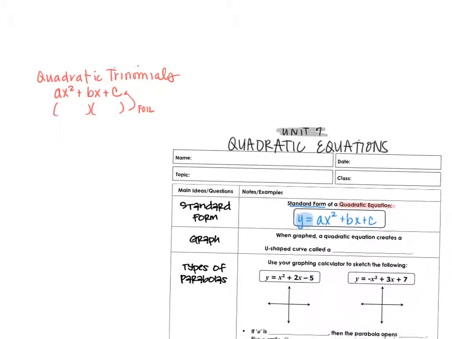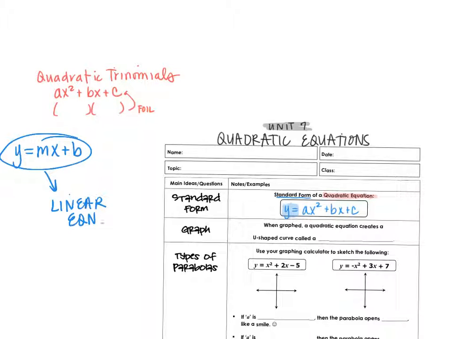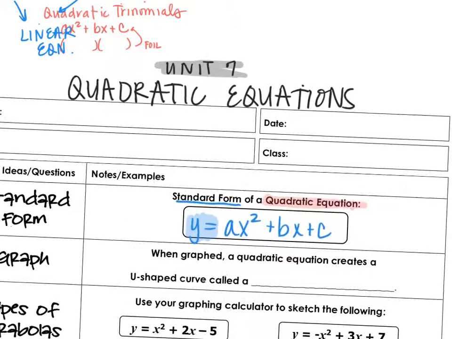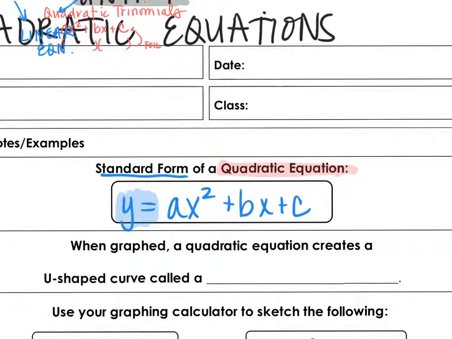Now we have dealt with equations before with y equals. We used to call these y equals mx plus b's. Remember these? These were called linear equations, because when you graphed them, they made a straight line. Quadratic equations, which are y equals ax squared plus bx plus c, when you graph them, create a U-shaped curve instead of a straight line.